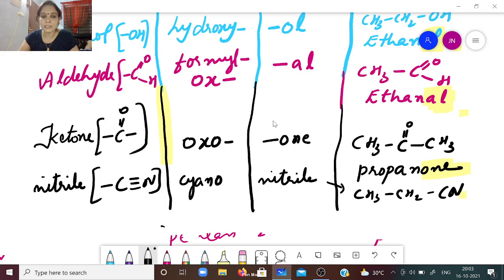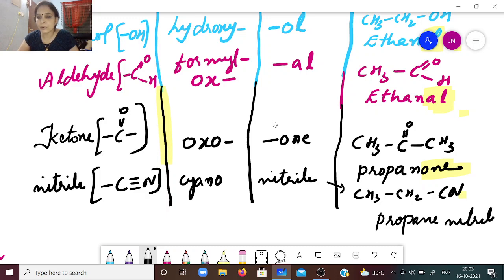So if 3 carbons are there, it will be propane and the name will be propanenitrile. Clear? This full chart you can write and keep for your reference. Clear? Now next is carboxylic acid.